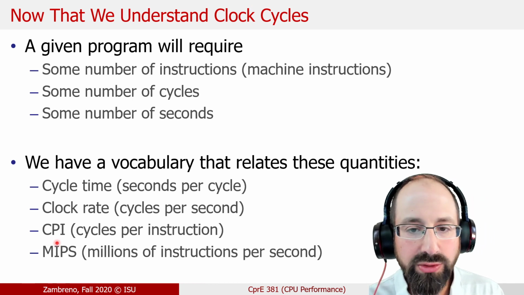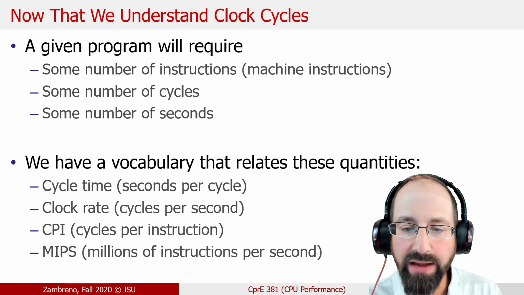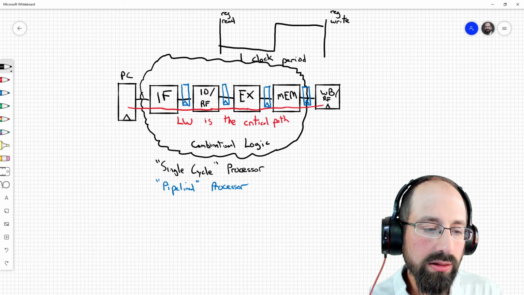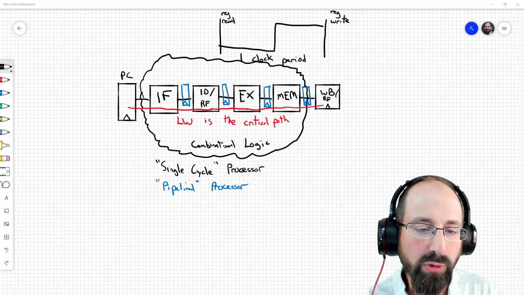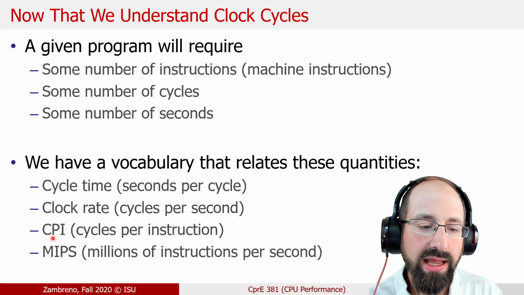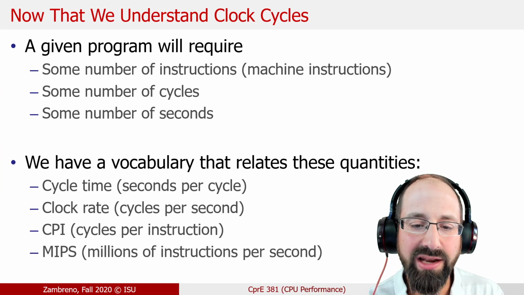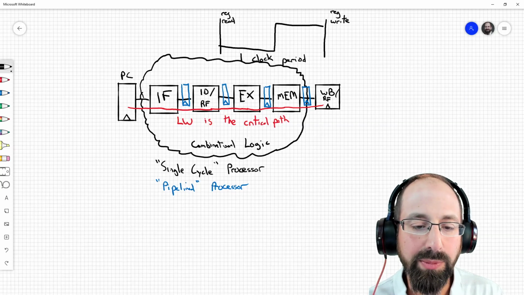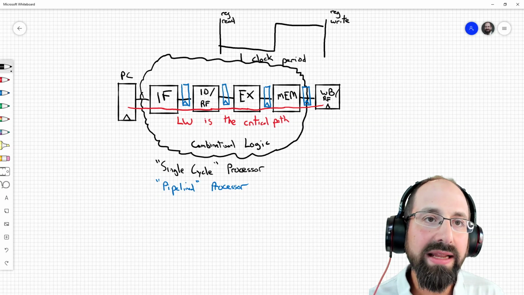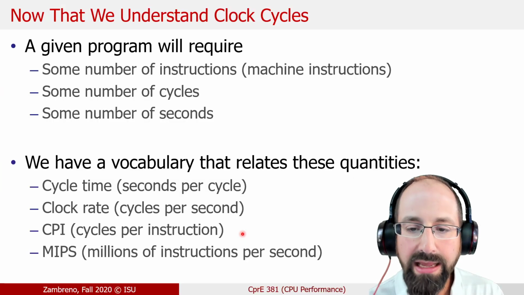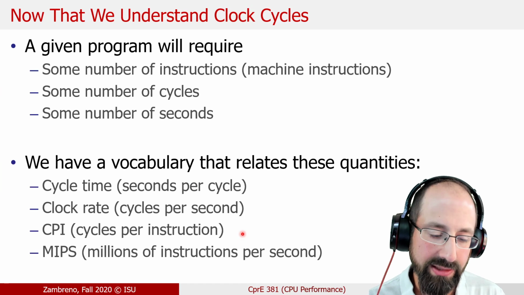Long story short, the textbook introduces these performance considerations so early on, but this concept like CPI doesn't really make much sense outside of our understanding of what's happening inside the processor. And what's happening inside the processor is a varying number of cycles per instruction, depending on what the instruction is.